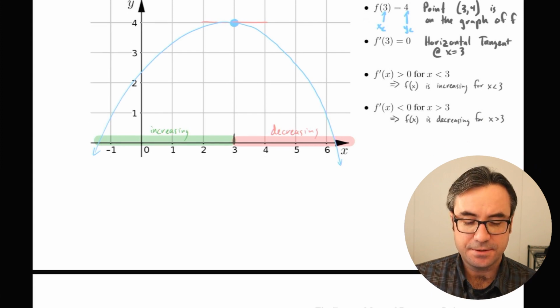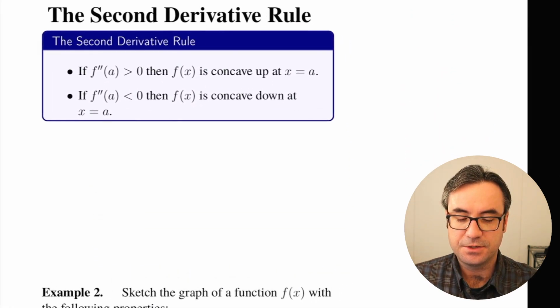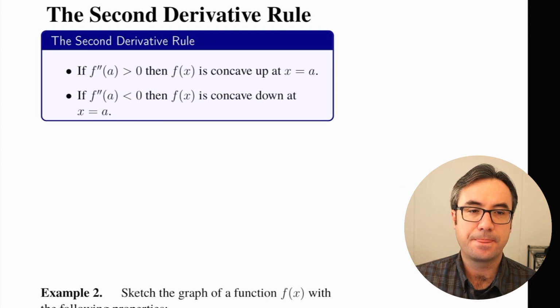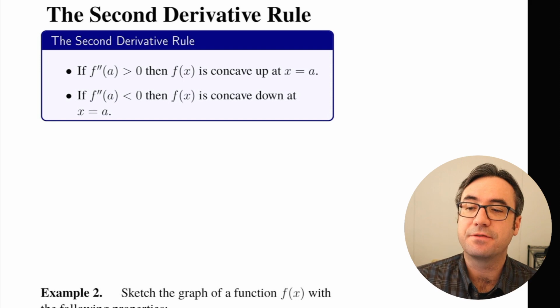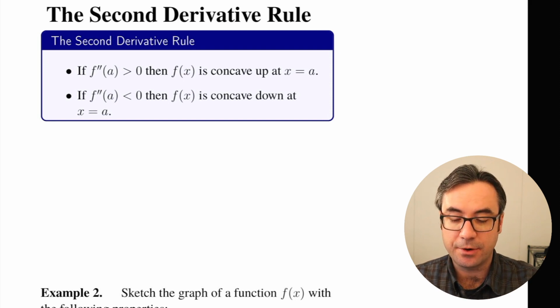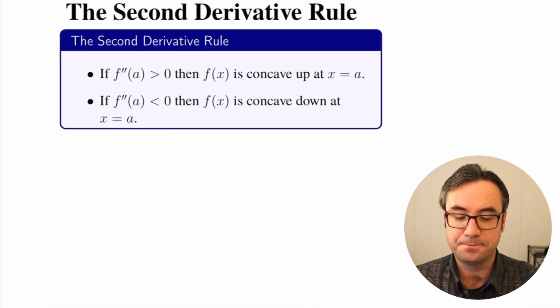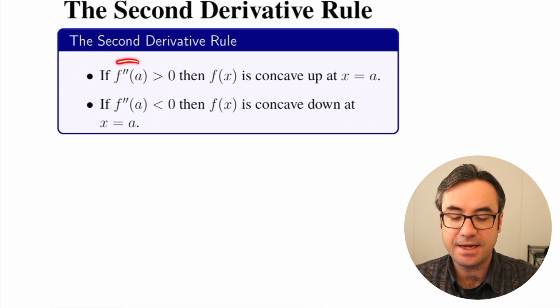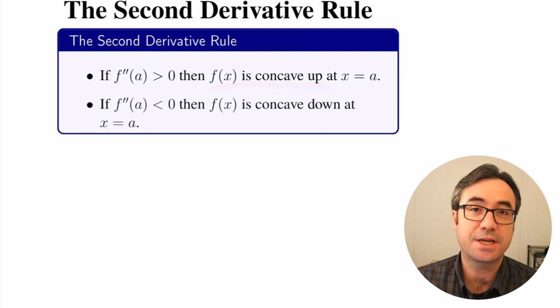All right, let's see about the second derivative now. The second derivative tells us about the shape of the graph. It tells us whether our graph is concave up or concave down. And so we have a similar rule as the first derivative rule. If our second derivative is positive, then the original function is concave up at that x value.